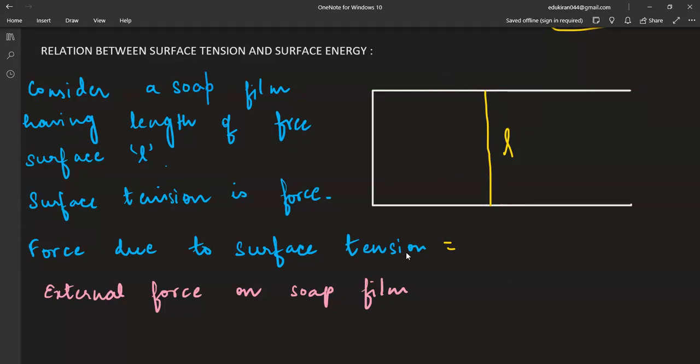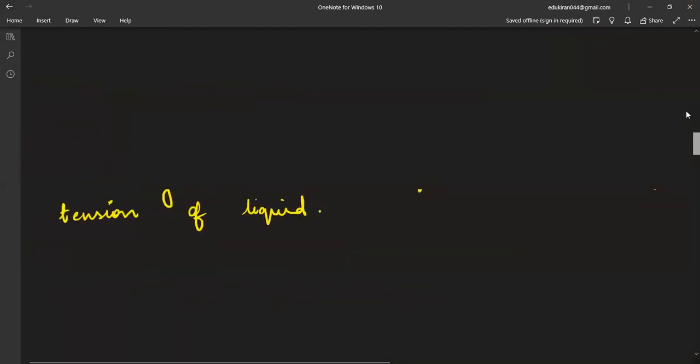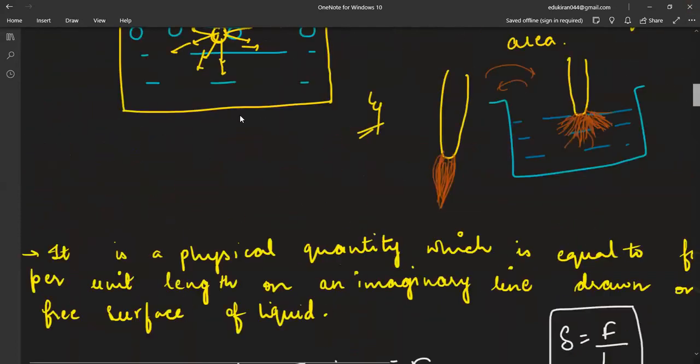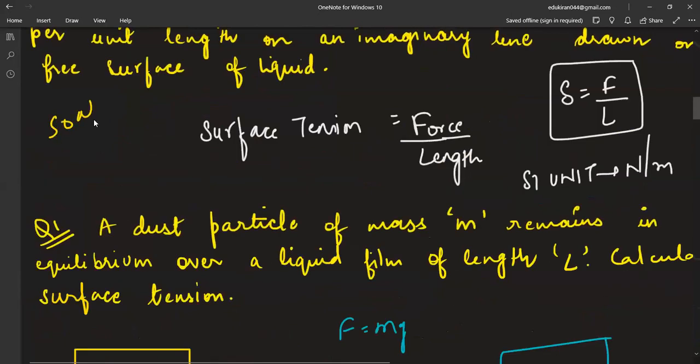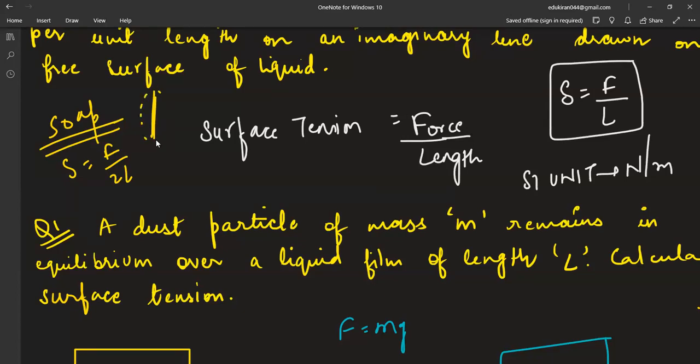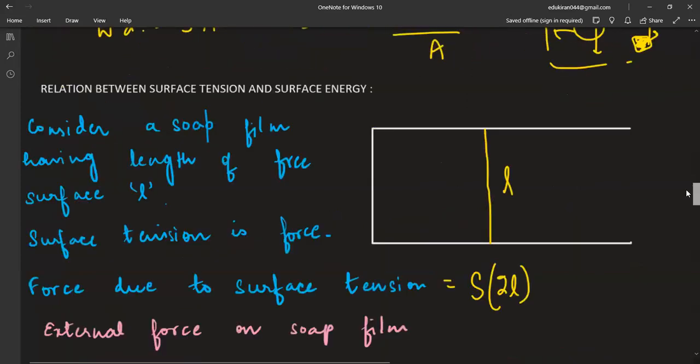Force will be surface tension into length; here we'll write 2L. For soap, we write the surface tension as force divided by 2L. This is for soap because two layers are there. But for other liquids, it's just a single layer. So that's why we are doing the derivation for soap film.